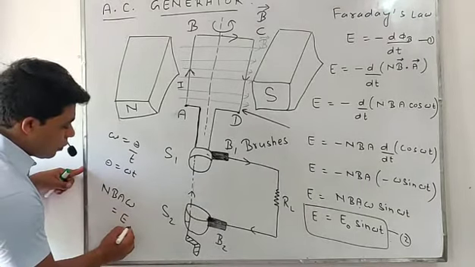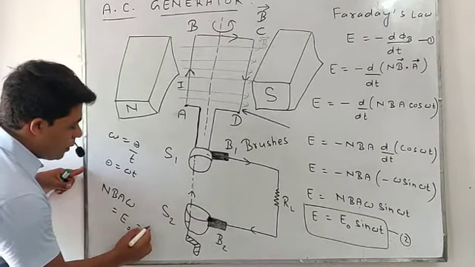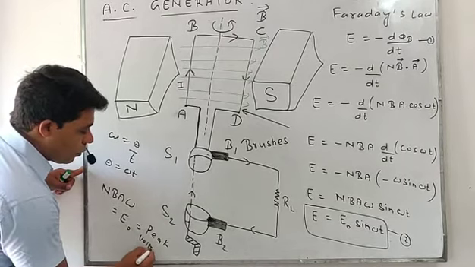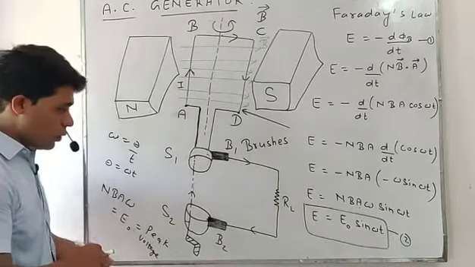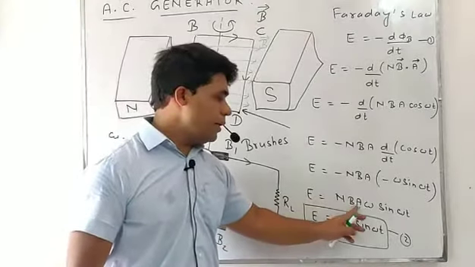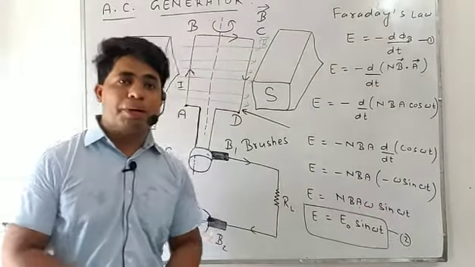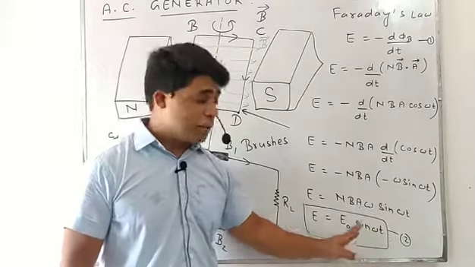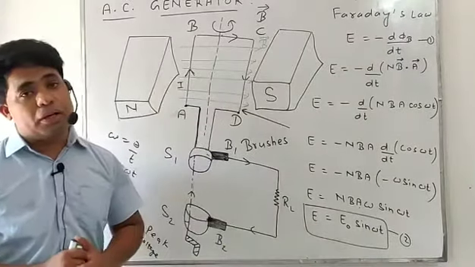That we assume is E naught, called peak voltage or maximum voltage. So nba omega converts into E naught, the peak EMF. So you get E equals E naught sin omega t. That is the value of alternating voltage.